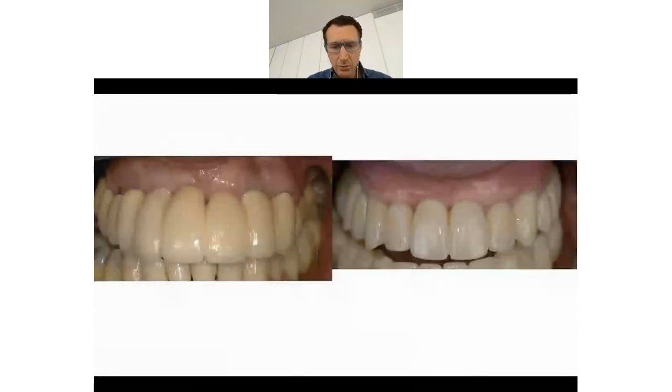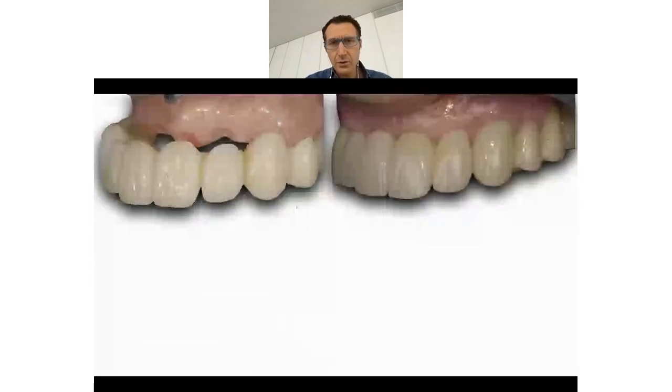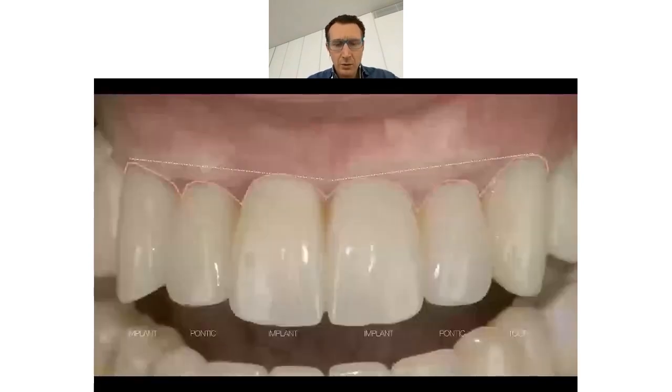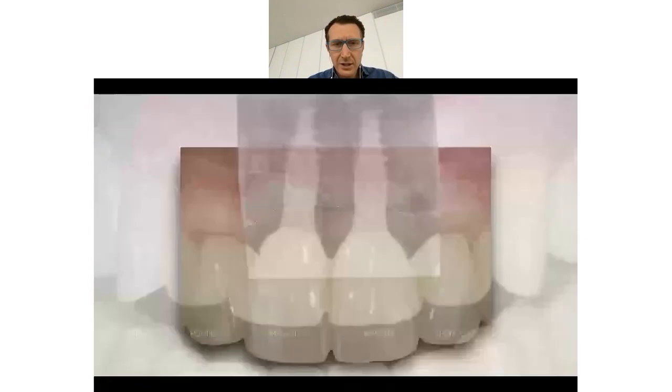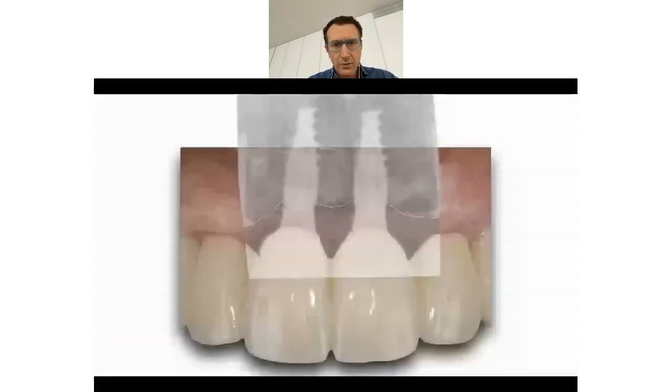Look, the starting point was amazing in terms of discrepancy, once again with a mock-up, with the anatomical aesthetic guidelines that are completely respected in this case, and obviously the pink and white aesthetic, which is optimal.